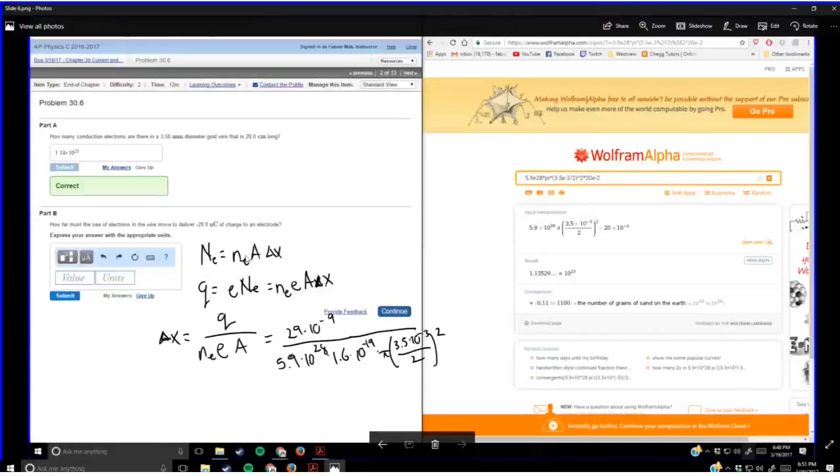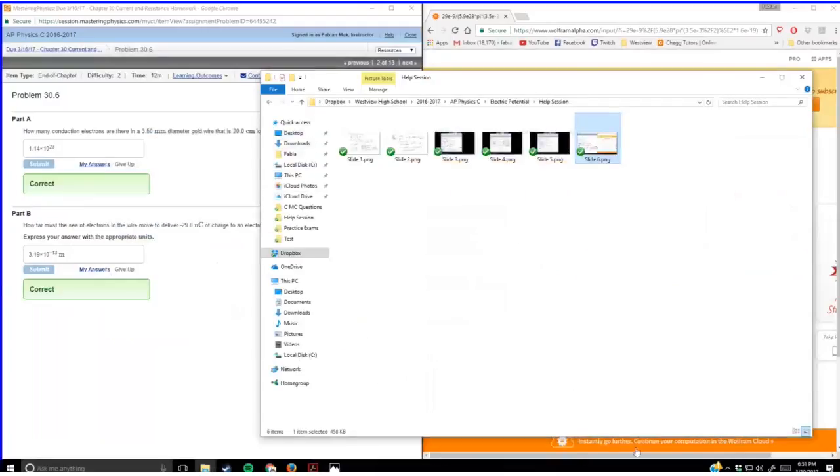Okay, so this, oh, I didn't do it here. Okay, just kidding. Let's do this. So little i, which is usually written like this, is the number of electrons per second. Okay, the actual flow.